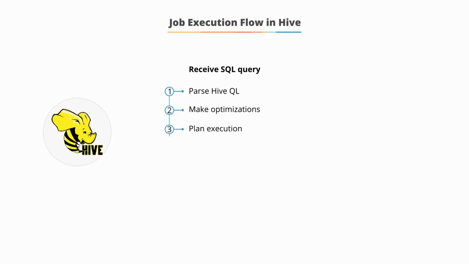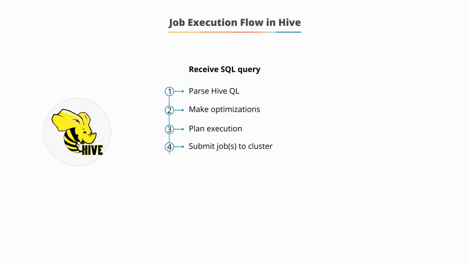Job execution flow in Hive. Let's list the steps involved in executing a query on Hive. First, Hive receives a SQL query and then performs the following steps to get the result. First, it parses the Hive SQL. It then makes performance optimizations and then plans the execution of the SQL query.